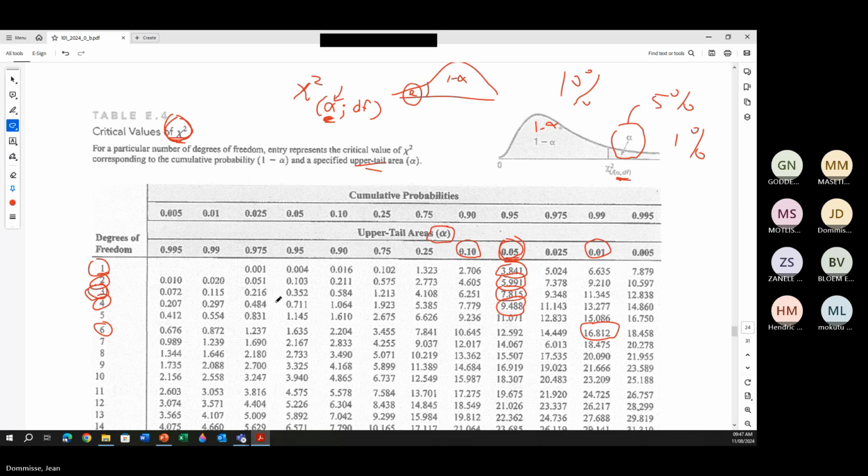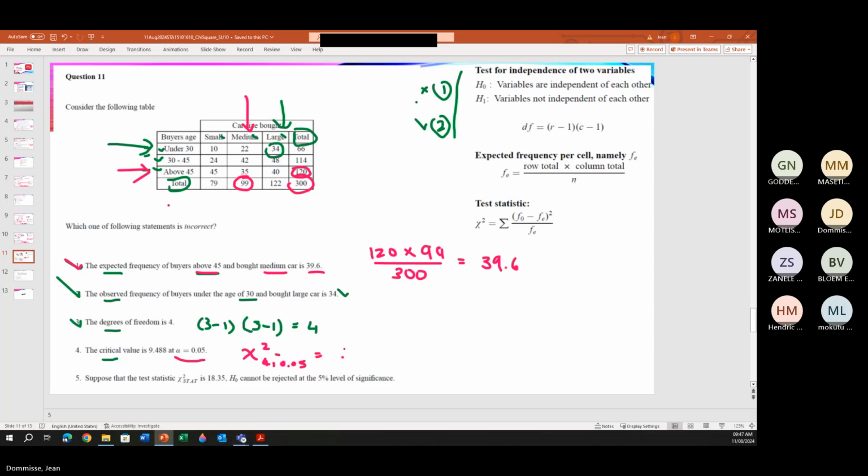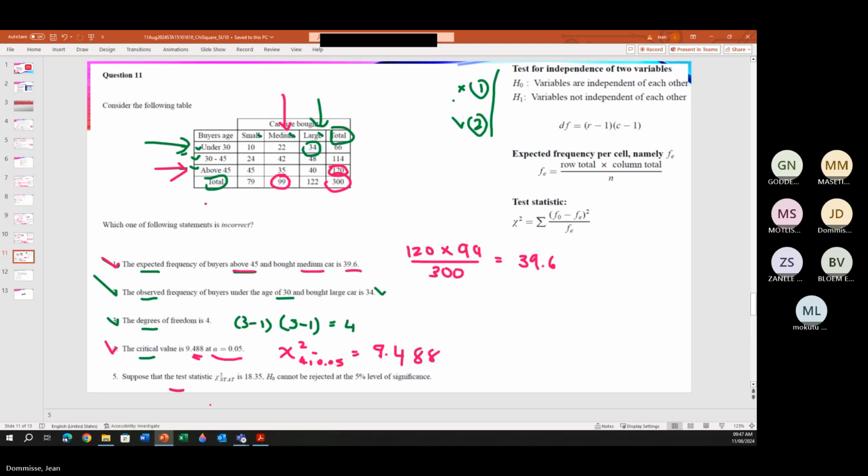Okay. 4, 0.05, 9.488. Okay, which is correct.